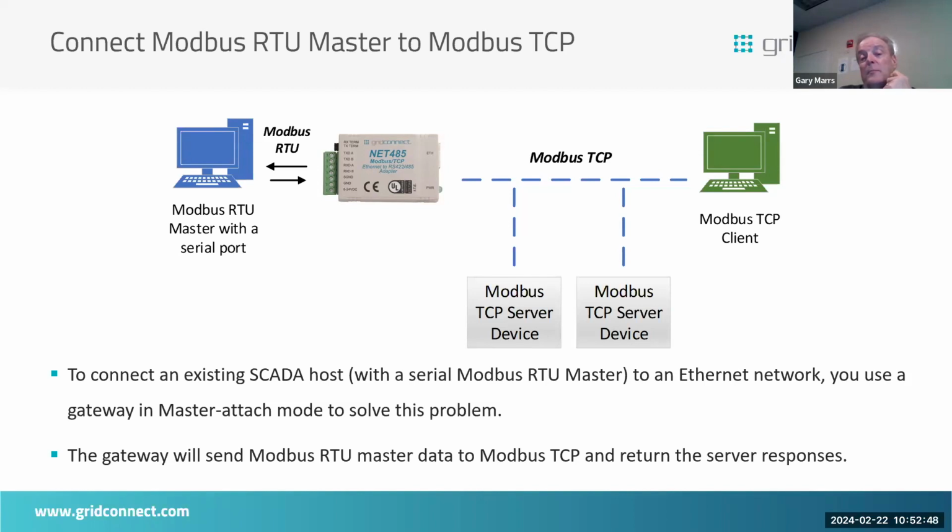So again, we have a master attach mode in our gateway that allows you to connect directly to a Modbus RTU master. In this case, the gateway will send the master requests to Modbus TCP and wait for the responses to come back. And kind of a nice thing about this application as well is you can have multiple Modbus TCP clients, and you can have multiple TCP server devices on the net.